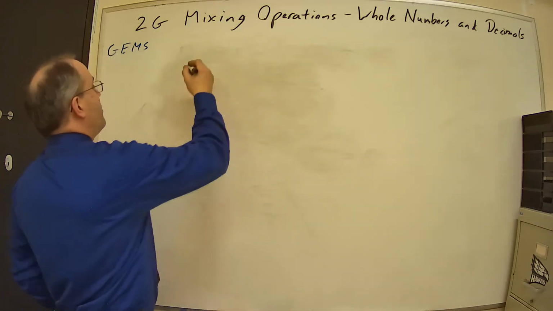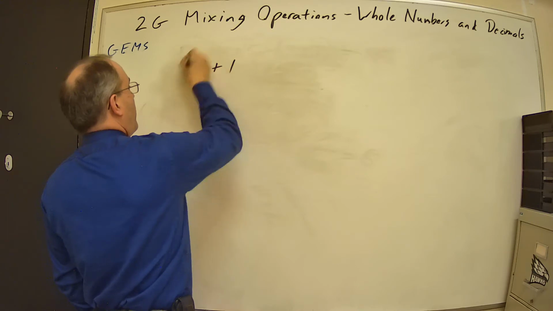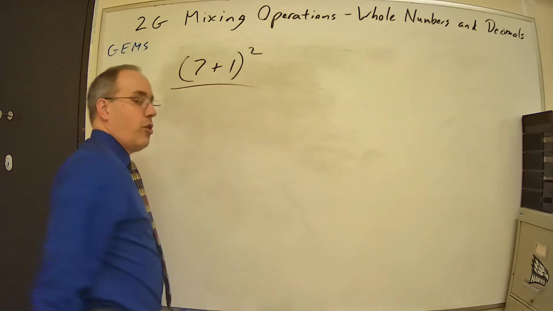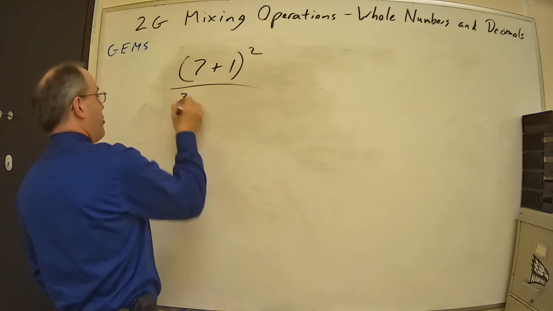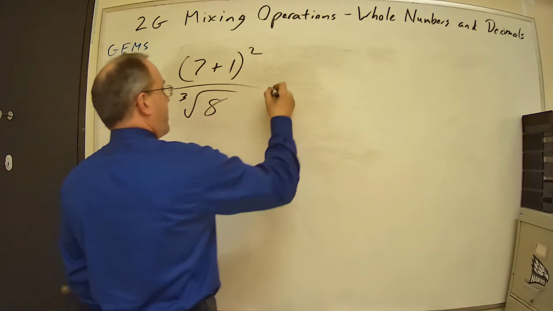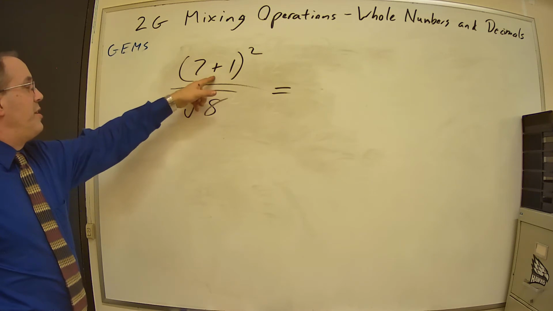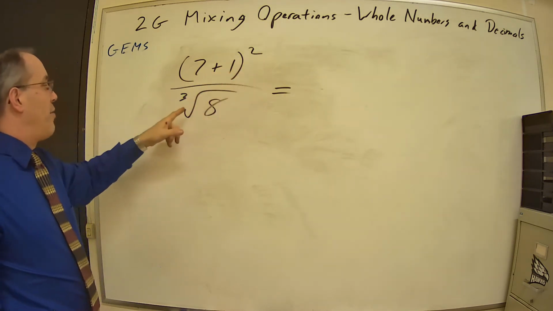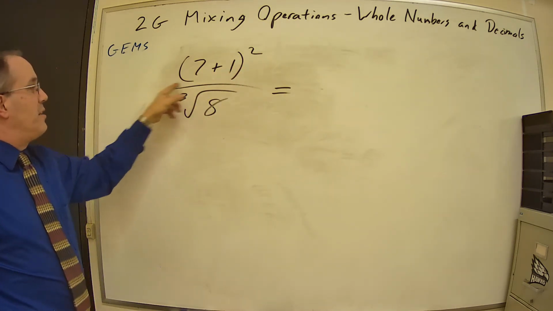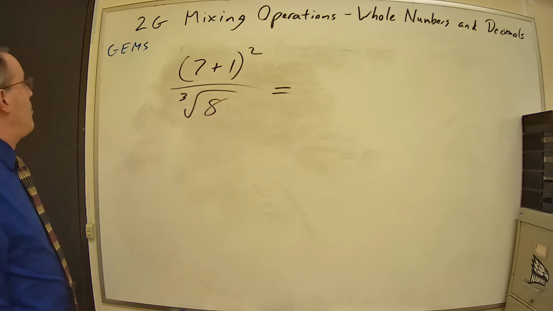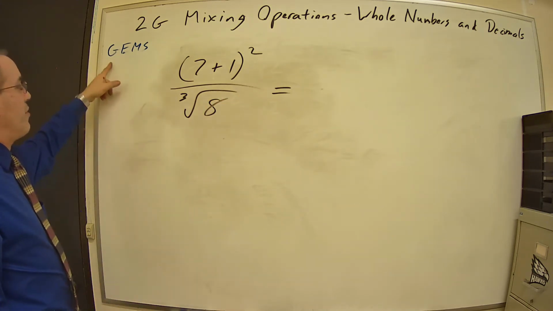Okay, so 7 plus 1 squared over the cubed root of 8. Well, it looks like we've got addition in here, we've got an exponent, we've got a radical, we've got division. So order of operations says grouping first.